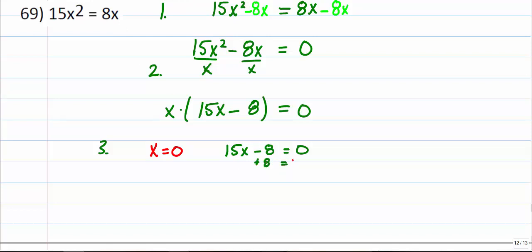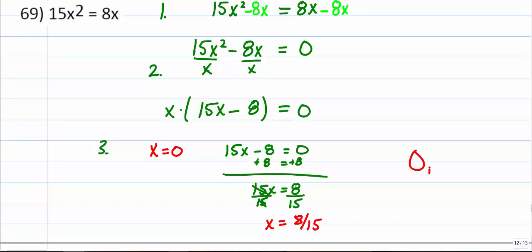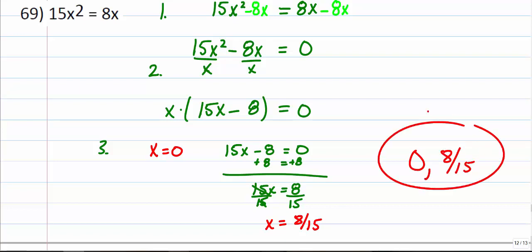So I would add 8 to both sides and get 15x equals 8, and then I would divide by 15. And so x equals 8 over 15. So my two solutions here are 0 and 8/15.